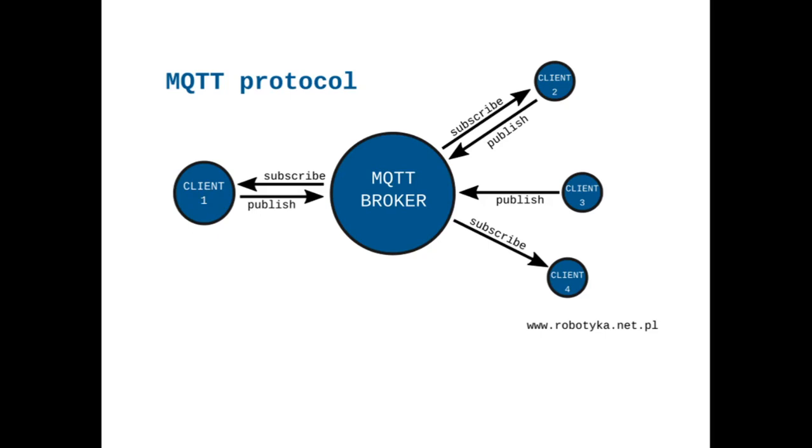Each client can publish data to the broker. Publish means sending data to the broker, or to the server, in other words. Each client can publish or also subscribe to the broker at the same time. But one device can also publish only.